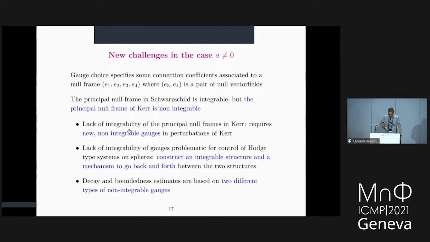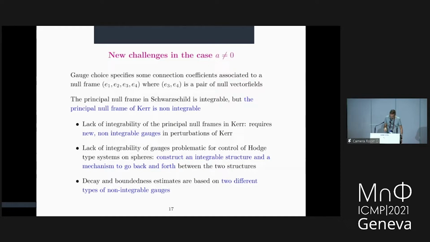And then the next aspect is what problems does it create when you estimate the equations? So the main problem comes from the fact precisely that E1, E2 are not tangent to the spheres of intersection, or the spheres foliating your cones.